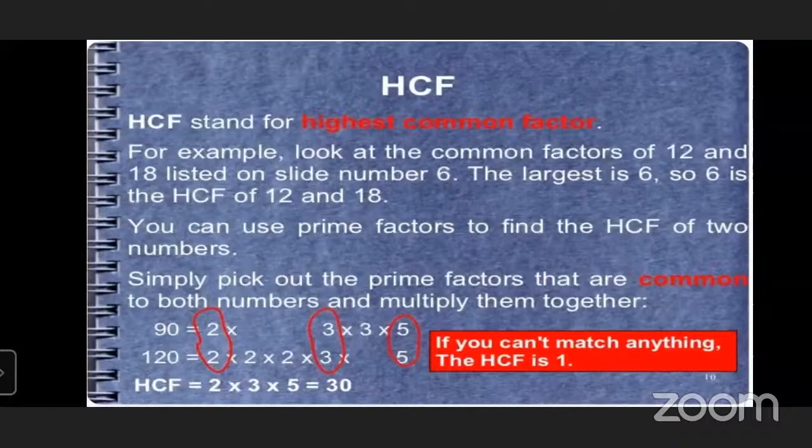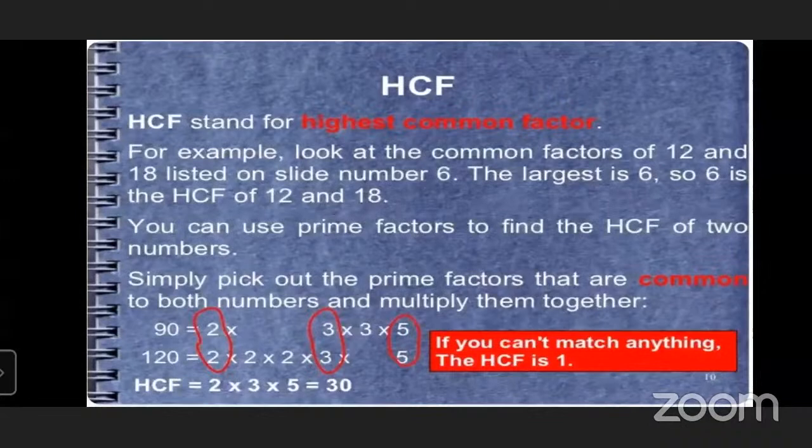And the factors of 120 are 2 into 2 into 2 into 3 into 5. Now in these factors, let's check the common numbers, in red color, that is 2, 3 and 5. So 2, 3 and 5 are the common factors of these two numbers.